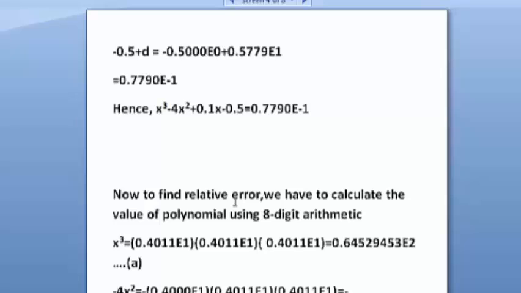For calculating the relative error, we have to calculate the value of the polynomial using 8-digit arithmetic. In simple words, we have to determine the answer for each individual calculation up to 8 decimal places. So for x cube, the answer will be 0.64529453 E2.